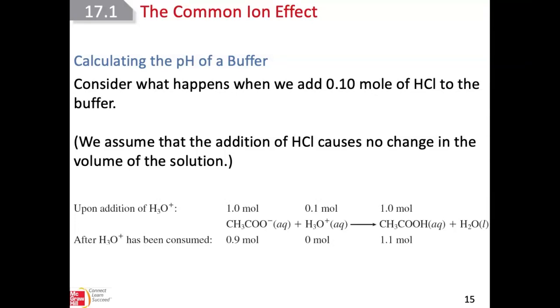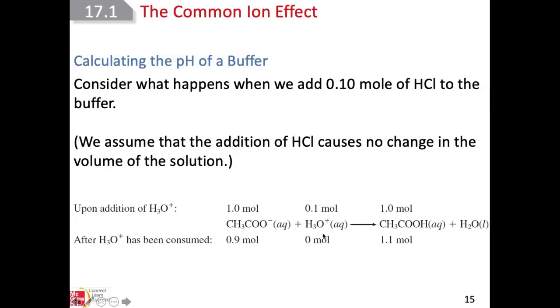That buffer solution has a conjugate base, and that conjugate base will neutralize the acid that I am adding. So my conjugate base has 1.0 moles, and the acid that I am adding is 0.1 mole. When they react, the conjugate base will accept H+ from here, it will become CH3COOH, and H3O+ becomes H2O.